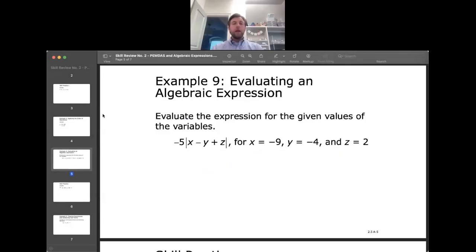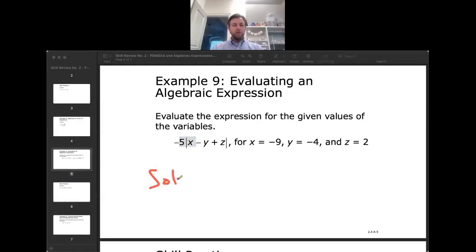And then solve, you'll see something like this. When you see the word solve, you're going to see an equal sign. Something like this: 2x plus 1 equals, I don't know, 9.